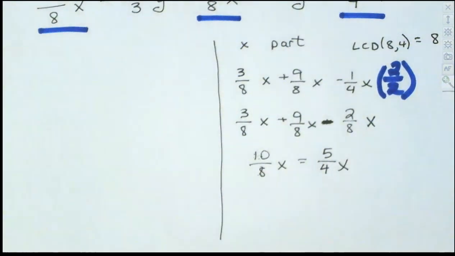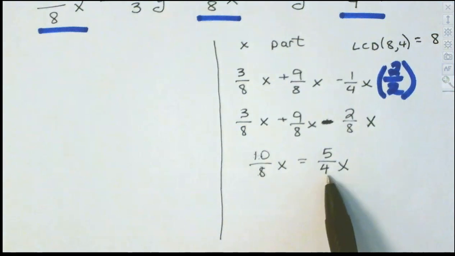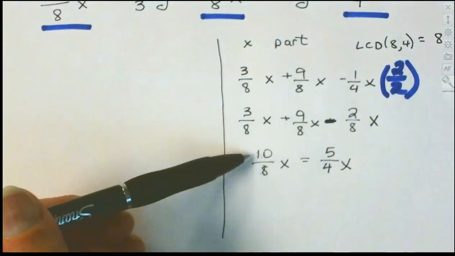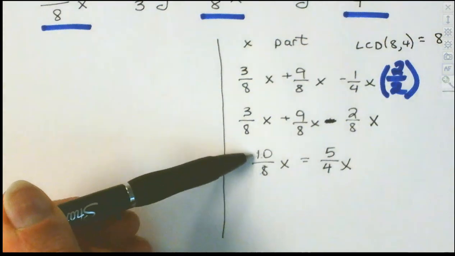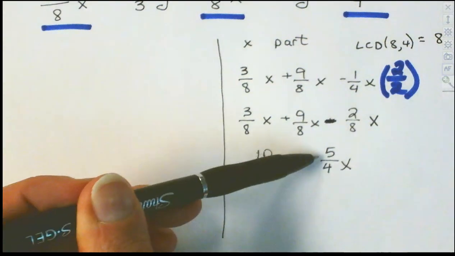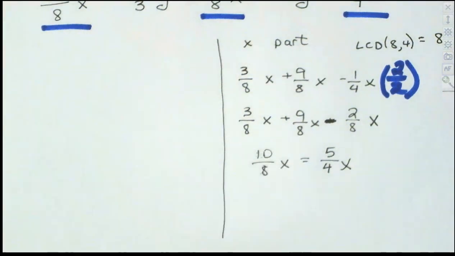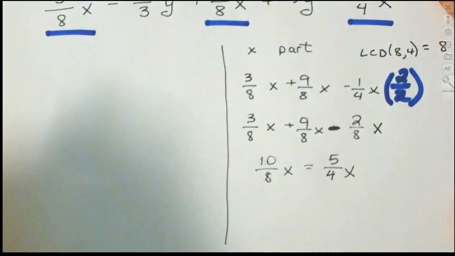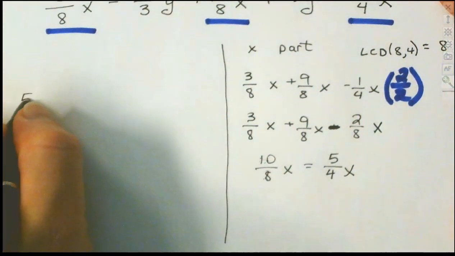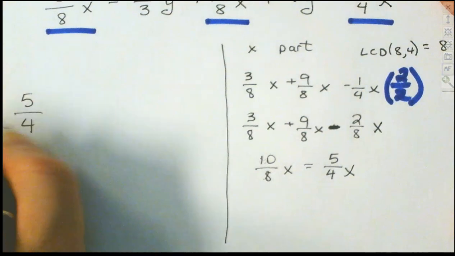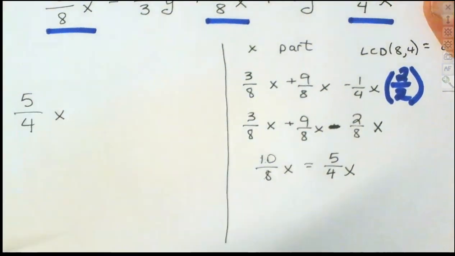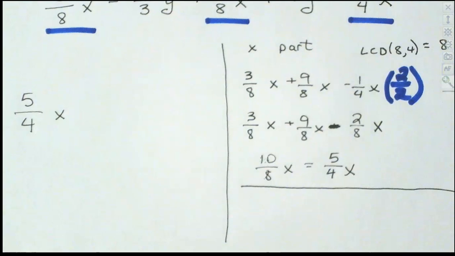Well, you could write that as 1 and 1/4. Normally, though, we leave it as an improper fraction. But you've got to make sure that you reduce it down. So take that 10/8 and reduce that down to 5/4. And don't forget your variable x. So that's our first part. Is the 5/4 x there. Now what about the y part?